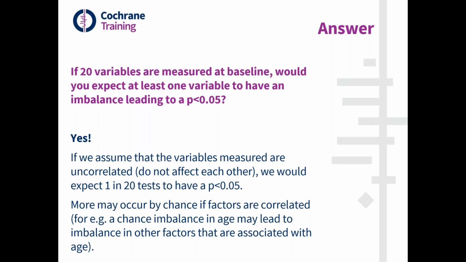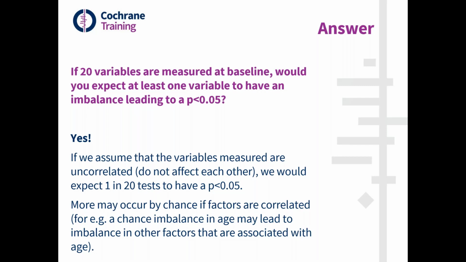Even if you saw no imbalances or a lot of p-values less than 0.05, it's still quite difficult to interpret what exactly this means, because it is possible that trial investigators select the tests for baseline imbalances that are reported, either because they are statistically significant, with a p-value less than 0.05, or because they are not.